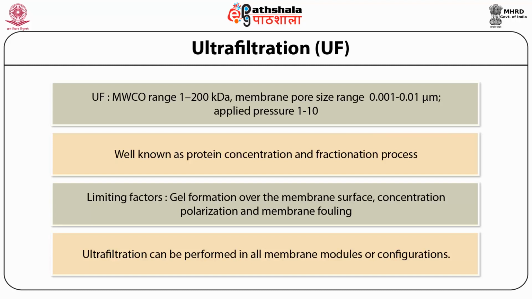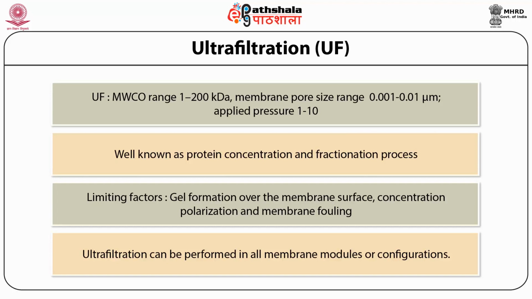Concentration polarization is the condition where the accumulation of different feed solids takes place over the surface of the membrane, while membrane fouling is the interaction between the membrane and the feed components. So these are detrimental for the flux.